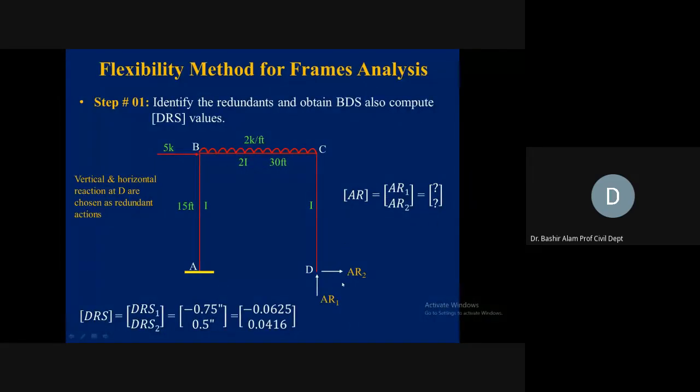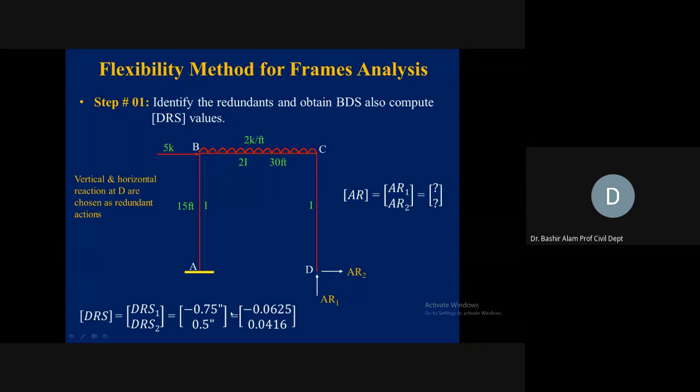Corresponding to them, we go to the original structure and find out where there are any corresponding displacements. AR1, our positive direction is upward, so corresponding to this, we have settlement of 0.75 inch in the downward direction.